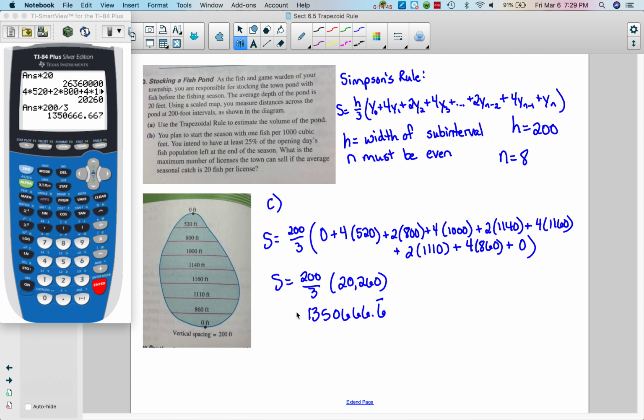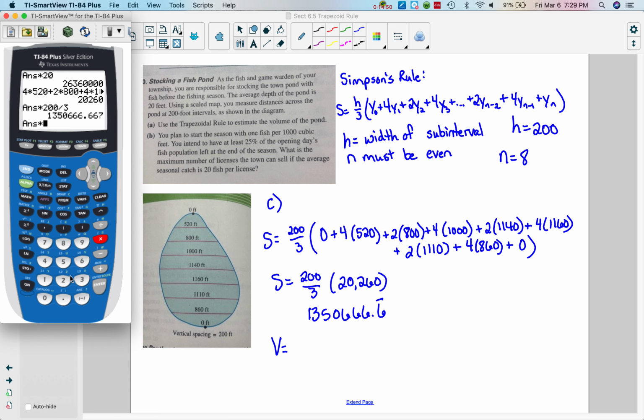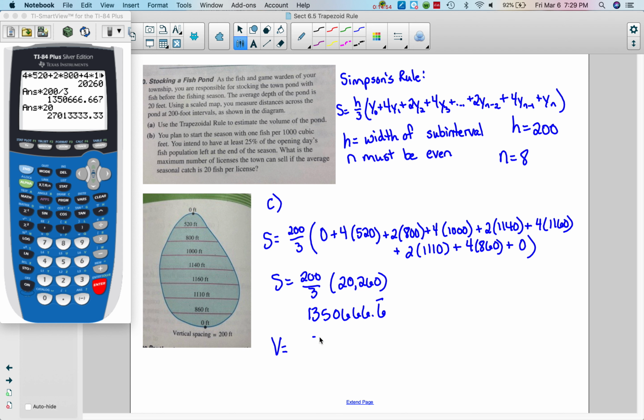Then we have to multiply that by 20 to get the volume. So we're going to take times 20. And we get about 27,013,333. I'm just going to leave it there since it's an approximation. So this is in cubic feet.